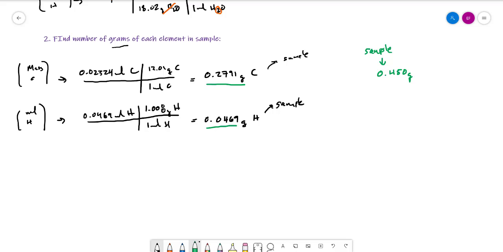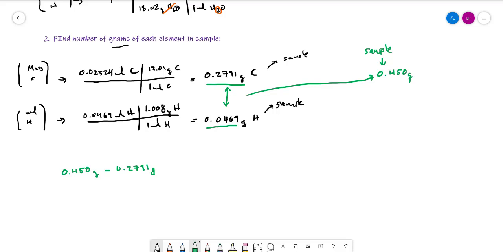Now we want to figure out whether our sample is purely made up of carbon and hydrogen. If that's the case, then these two numbers added together should give us the total mass of the sample. So let's take 0.450 grams and subtract 0.2791 grams.